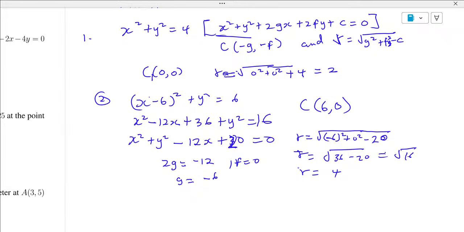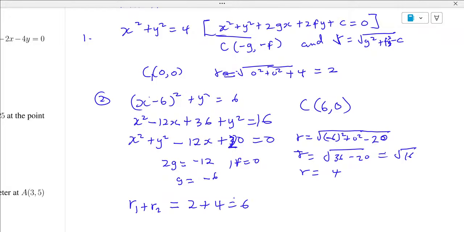So now we have our radius, the two radii. Then we have our centers. Now you compare the distance between the centers and then the sum of the radii. So if I have R1 plus R2, what would the sum be? I'll have 2 plus 4, and that will give me 6.